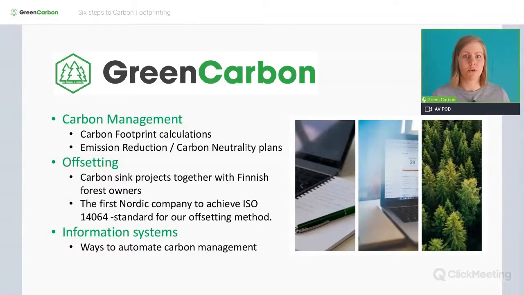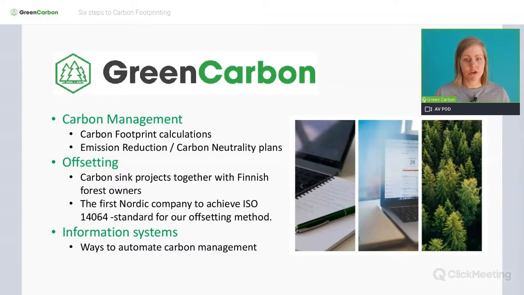So we enhance the forest growth, and this growth is the carbon sink and is sold as offset units. In these carbon sink projects, we work together with Finnish land and forest owners. And we are the first Nordic company to achieve an ISO standard for our method. So we have a standardized method for our offsetting, and that's important.